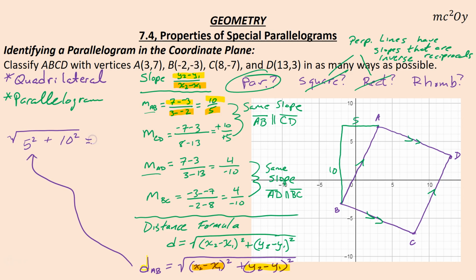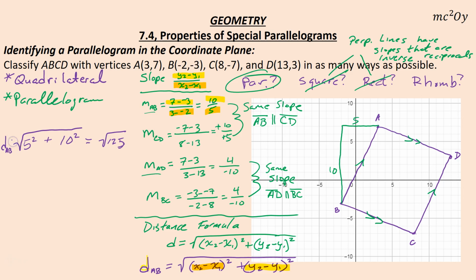Okay, and I now know that is the square root of 25 plus 100, or 125. That is the distance of AB.